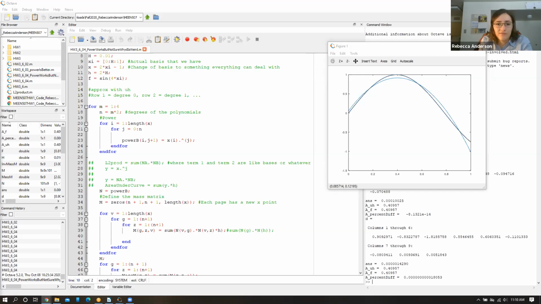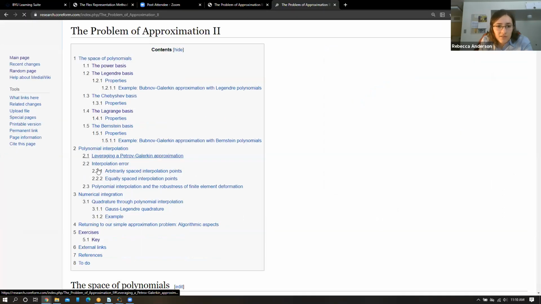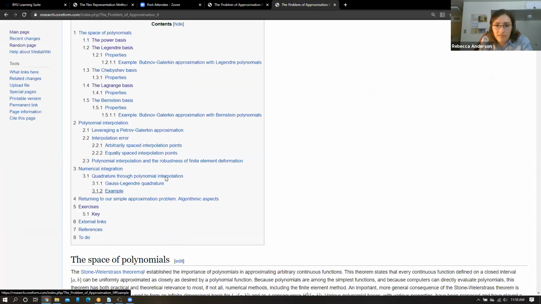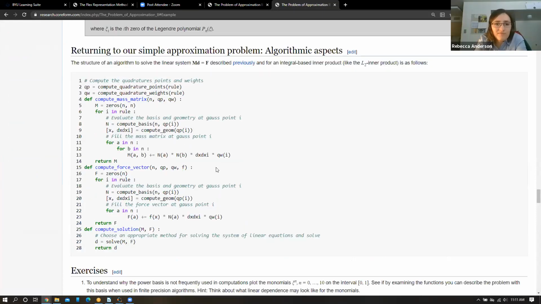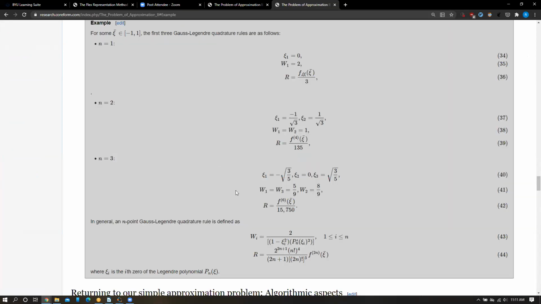So this one right here. Yeah, topic 3. Going down. There it is. So this is basically the pseudocode for what you're going to be implementing.